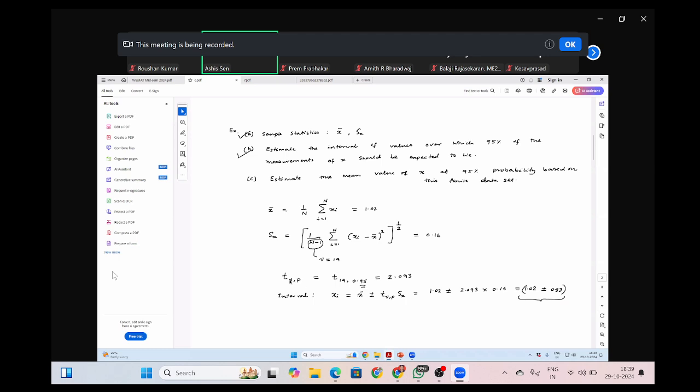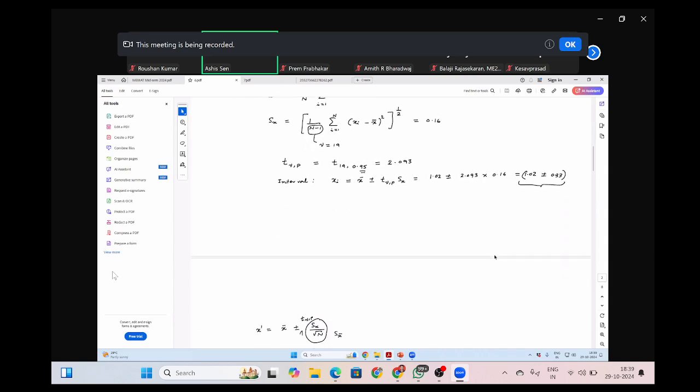Nu is the number of data points minus 1. In this case, we took 20, so this should be 19. P is 0.95. From the t distribution table, you can read this as 2.093. And the interval was mean plus minus t into the standard deviation. Okay, that is how you find the interval.